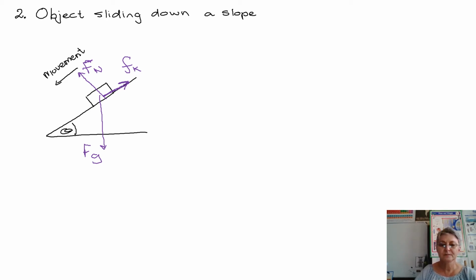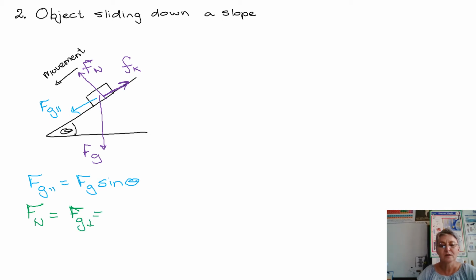The component of the weight that causes the motion down is Fg parallel, and we know that Fg parallel is Fg sine theta. The normal force would be equal in size to the component of the weight that is perpendicular, so that is Fg cos theta.